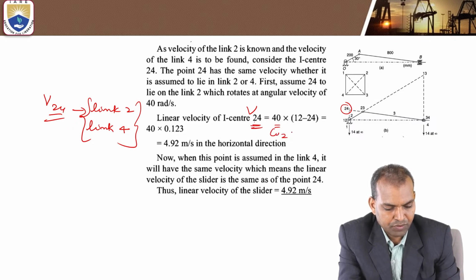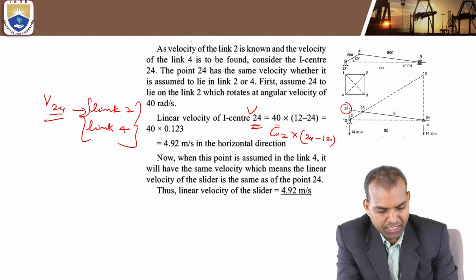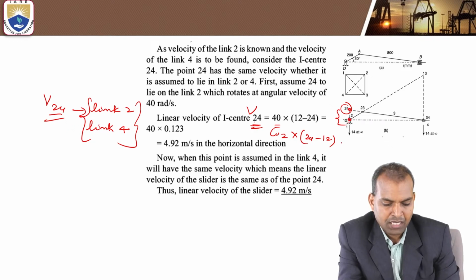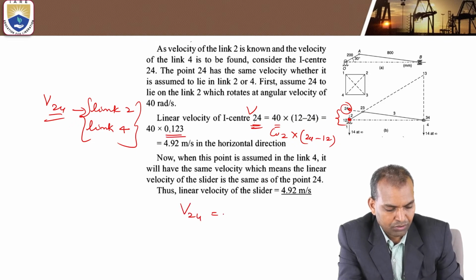Omega 2 times the 24 to 12 distance. So what is the 24 to 12 distance, or 12 to 24 also? This is the meaning. This distance you have to measure with the help of the scale and substitute here. Then the linear velocity 24 equals omega 2 times the distance from 24 to 12.